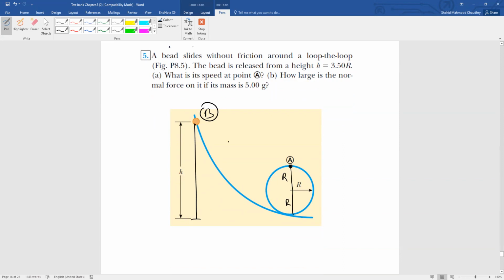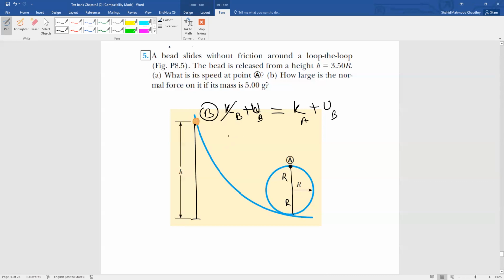So at point B, the kinetic energy at point B plus potential energy at point B is equal to kinetic energy at point A plus potential energy at point A. We apply this equation. So at point B, it is starting from here, kinetic energy is 0.